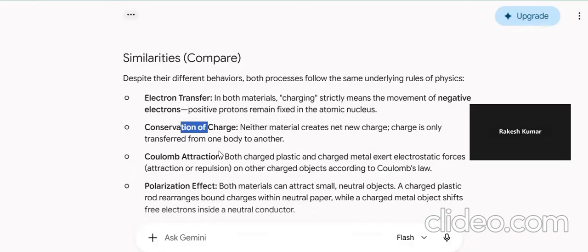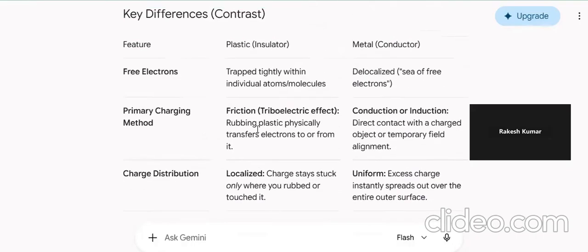Conservation of charge holds, meaning that if it loses a number of electrons, it will get an equal positive charge. And there is attraction, and there is polarization if you have a neutral body. These are the similarities. These are the differences.